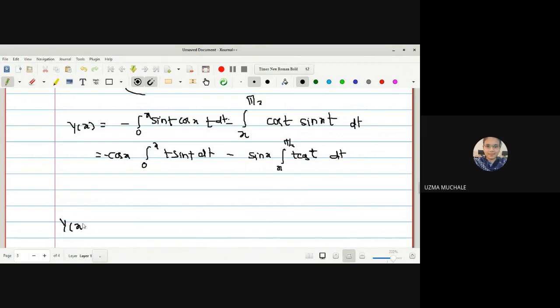We get the final solution, y of x is equal to x minus pi by 2 into sin x. After evaluating both integrations with integration by parts, t sin t and t cos t, I hope everyone knows what integration by parts is. Solve it and then we get the solution.